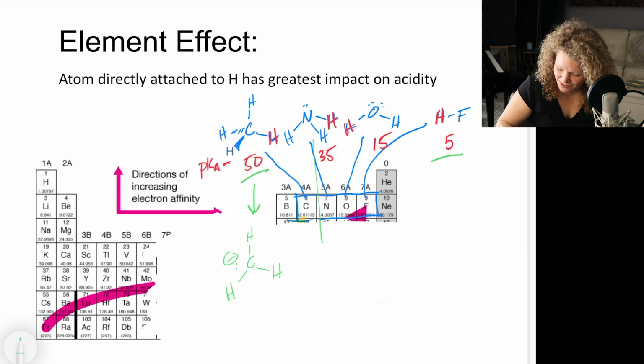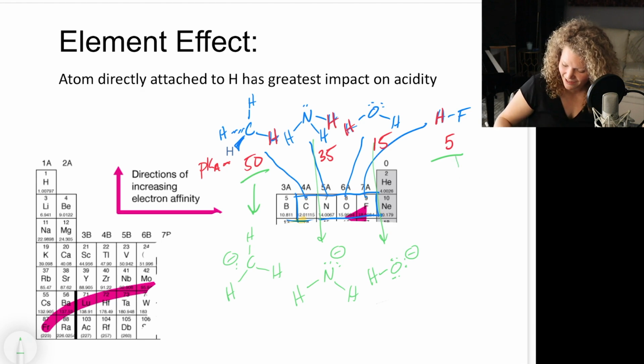We're going to do the same for this nitrogen here. We're going to end up getting 2 lone pairs on our nitrogen. I'm just showing what happens when these act as acids. This oxygen here would have 3 lone pairs. This would be hydroxide. And then HF would be this F minus.